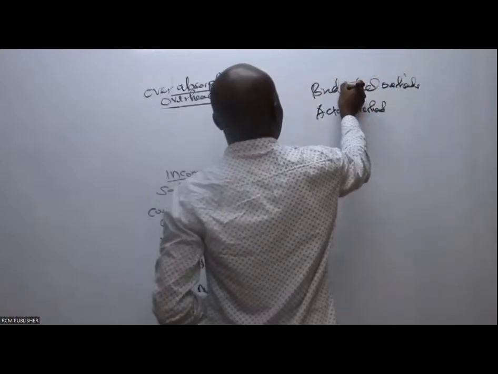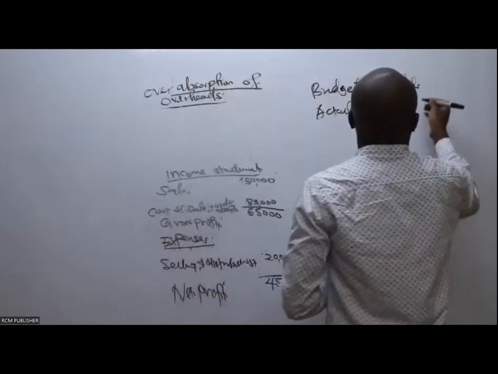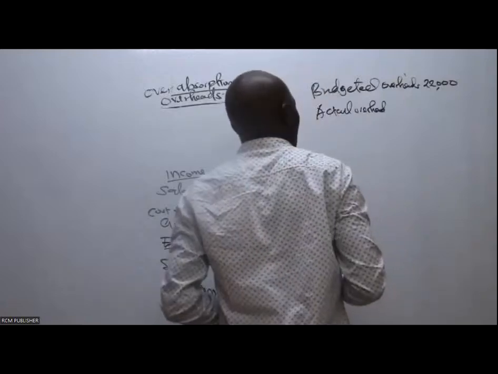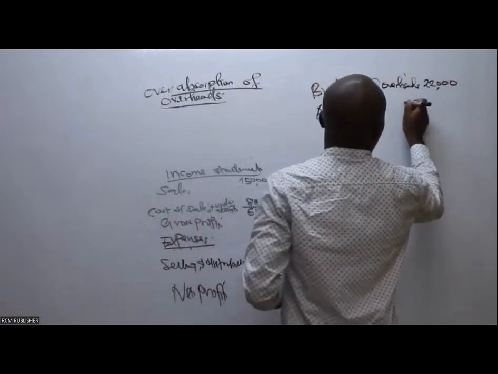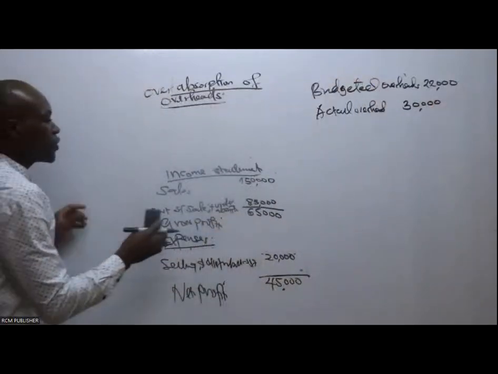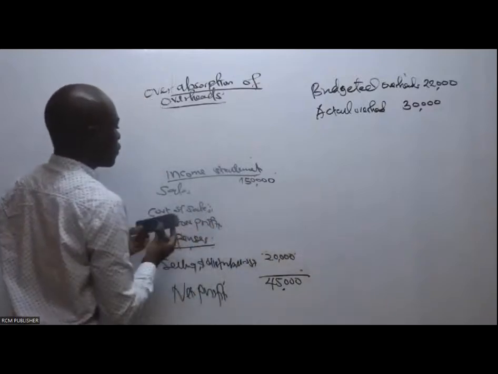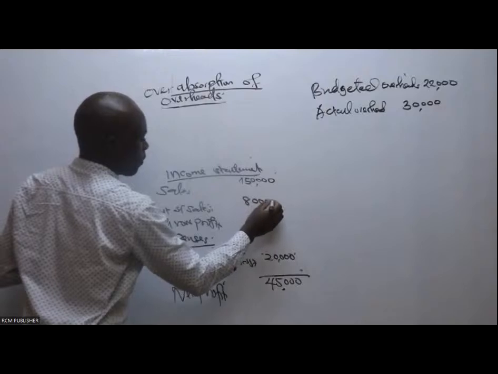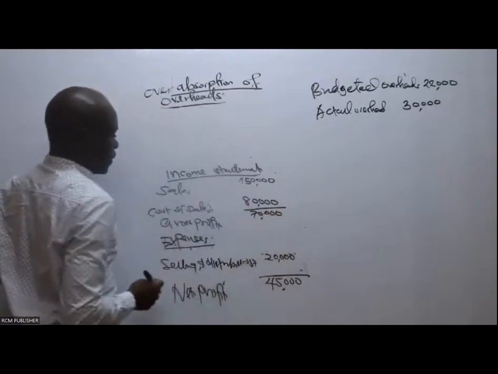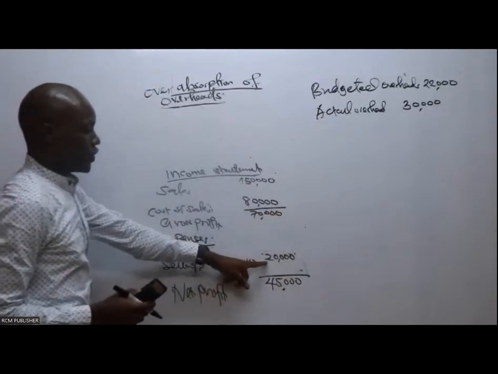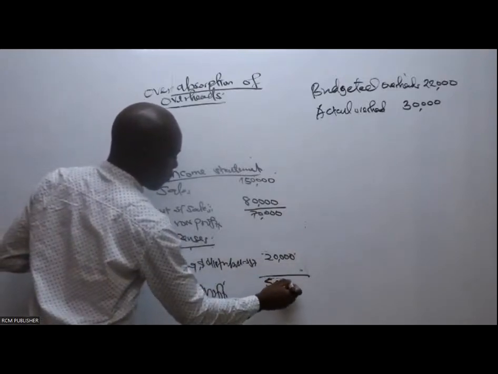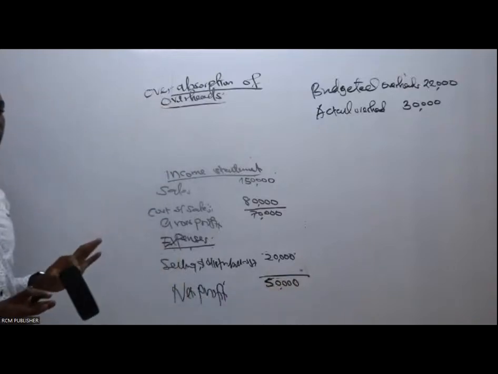So budgeted here, I have 22,000. Then actual overhead is going to be 30,000. All these other things remain constant. My cost of sales is 80,000, to give me gross profit of 70,000. And then selling and distribution cost is 30,000, which will take me to a net profit of 50,000. That is what I have in the question.